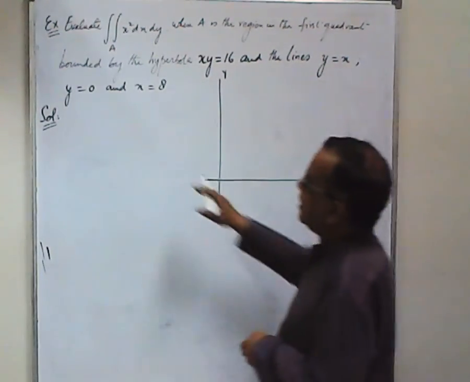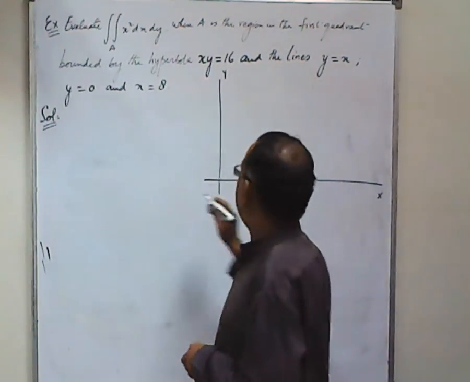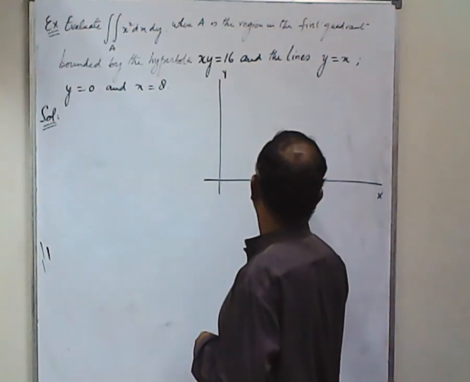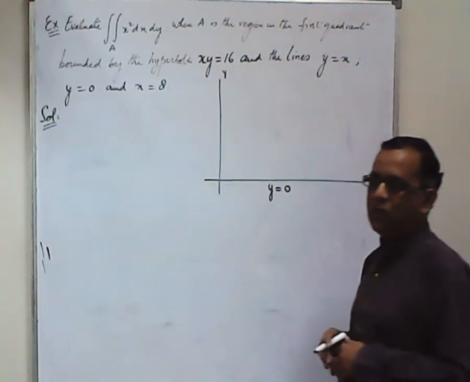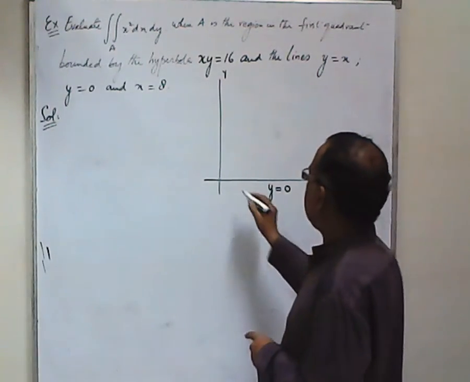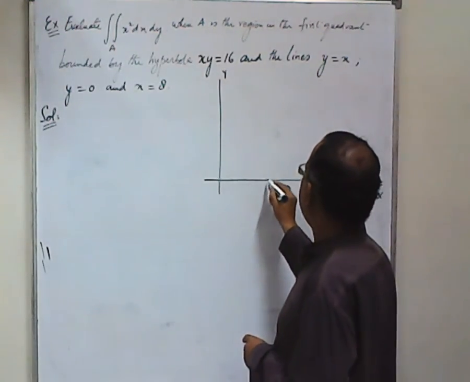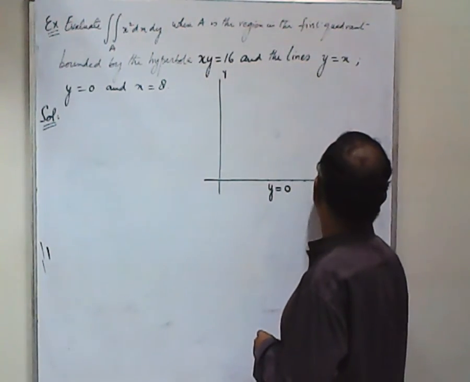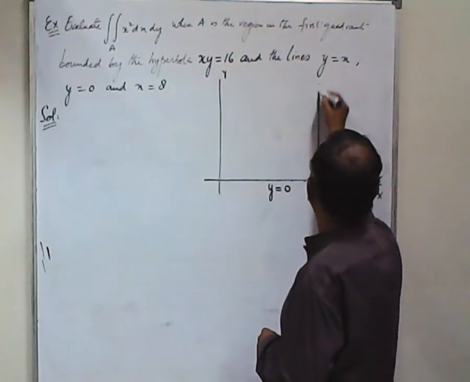For example, I know that y equal to 0 is the x-axis. So I draw this here, that this is the y equal to 0 line. Then for example, x equal to 8, so let's say 1, 2, 3, 4, 5, 6, 7, 8. So this is the line x equal to 8.